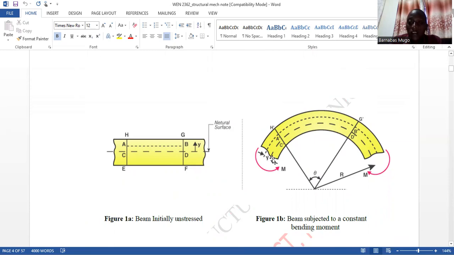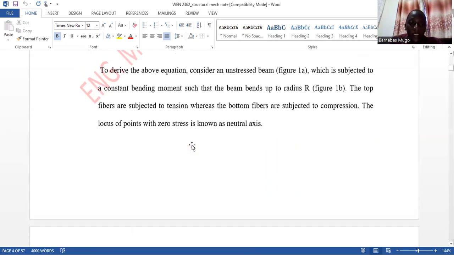Neutral axis is CD, while the layer that we want to check is layer AB. And therefore, Y is the distance from the neutral axis towards that layer AB, as you can see also from the first diagram.